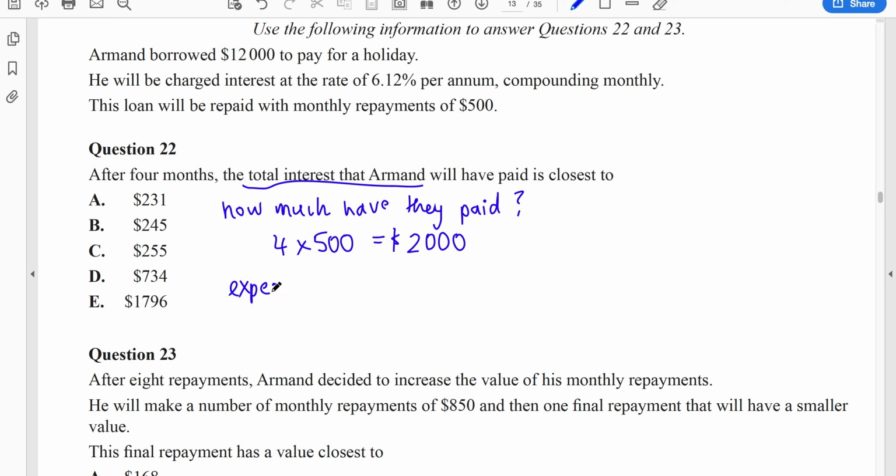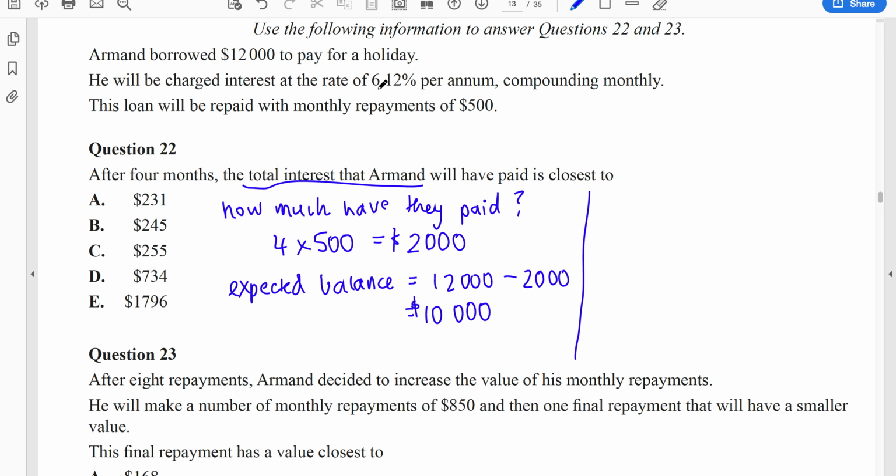If there was no interest at all, the expected balance would be what he borrowed, $12,000, minus what he's paid back. So that's $10,000 left. But we know that's not the case with one of these loans, because he was charged 6.12% per annum of interest.